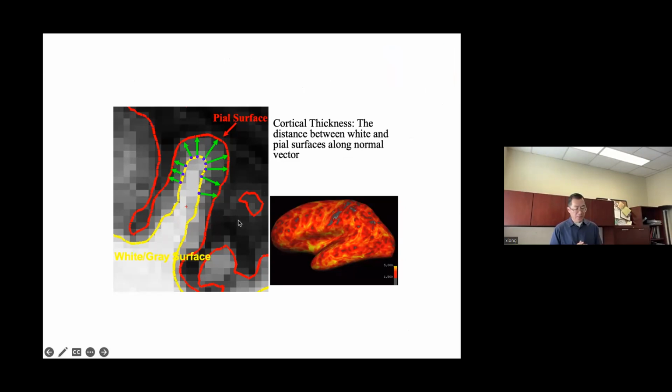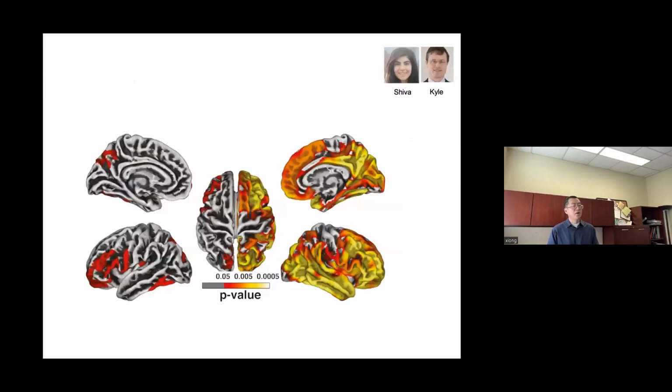This has been a really standard technique, and it is also highly sensitive to disease and to aging, including development. So here we use this for assessment. What I found is that low CD4 nadir is associated with widespread cortical thinning, especially in the frontal and temporal regions. This suggests that severe immunosuppression many years ago might still contribute to brain injury nowadays, 20 or 30 years later, including some brain structure change.